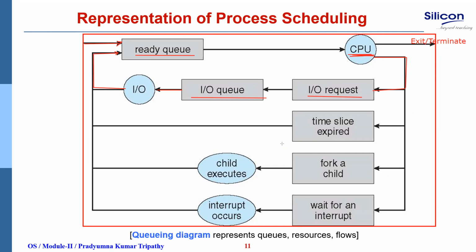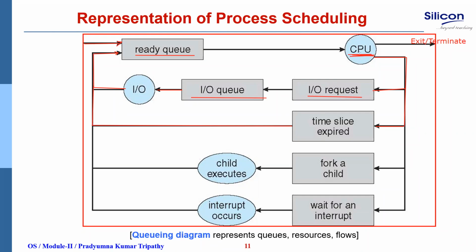So if the time slot expires, the processor will go to attend another process, and this process comes out and is added again to the end of the ready queue. During that time, another process may be selected and given to the CPU.